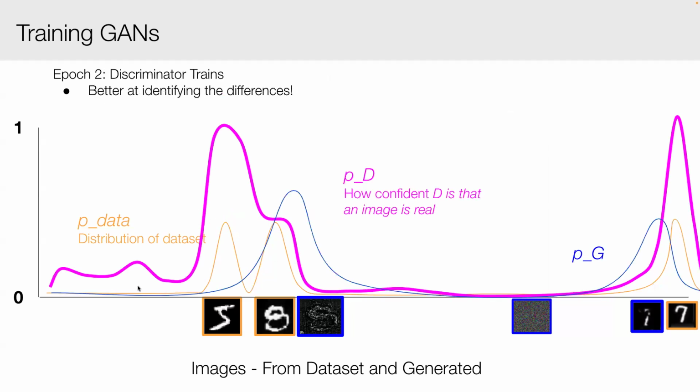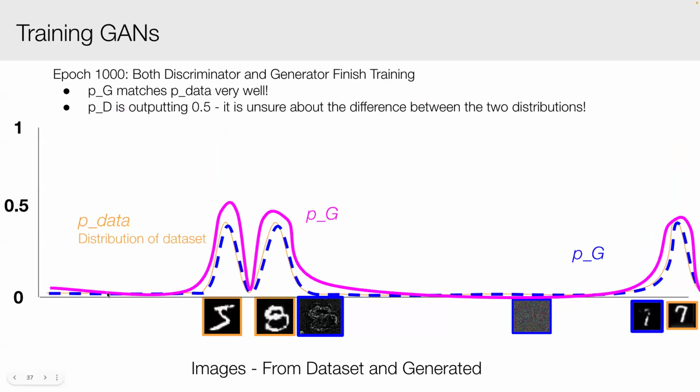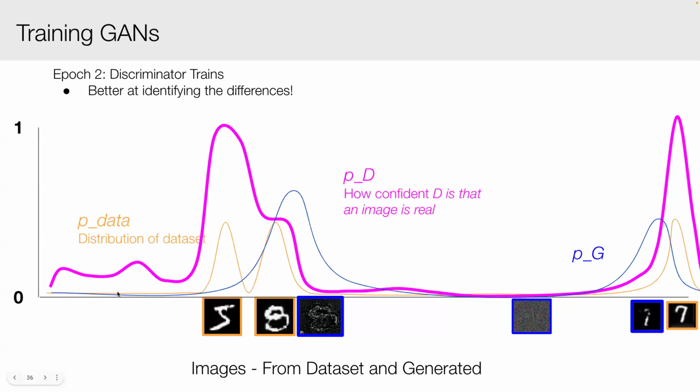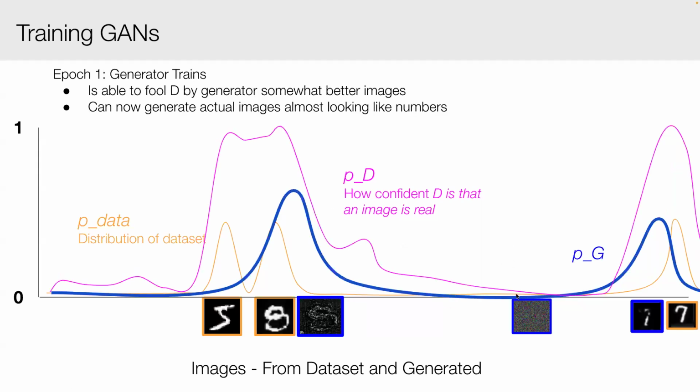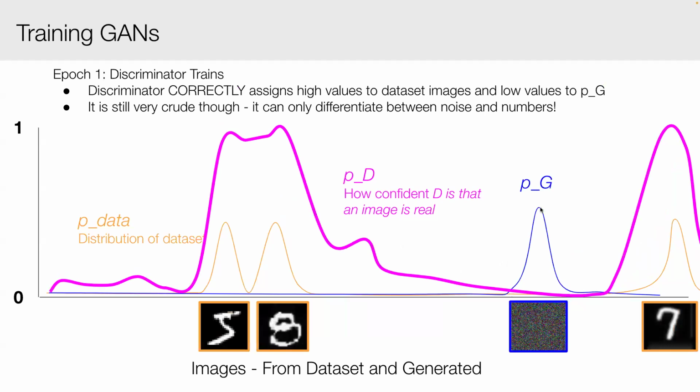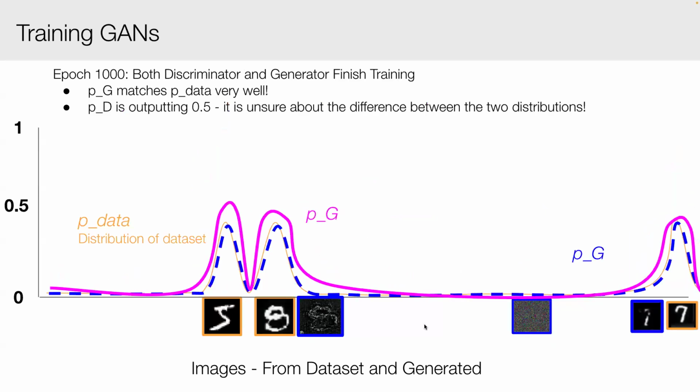Because remember, we have never sampled an image from here. Actually, that's a little bit misleading. Anywhere P of G was before, like the noisy places, it knows for certain those regions should have a probability of 0.